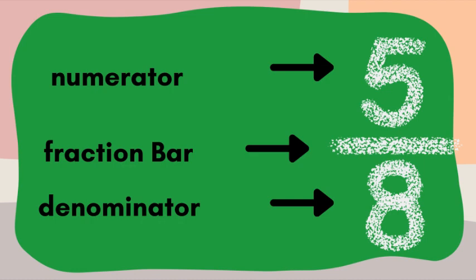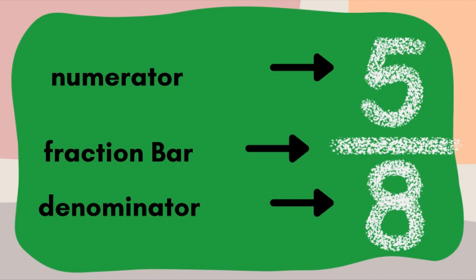The line represents the fraction bar or vinculum. It represents the division. The line is referred to as the division or fraction bar. This means 5 out of 8.